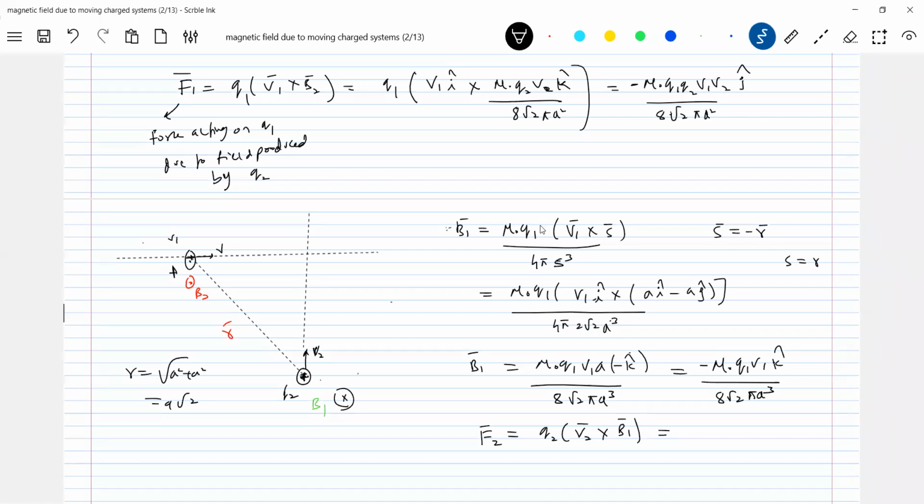Sir, velocity is in J direction, no, sir? Velocity is in x-axis, no? It is in J direction, sir, in this second case. Oh, this is J direction, no? J cap. Better I'll write it. J cap cross minus of mu naught q1 v1 by 8 root 2 pi a square.